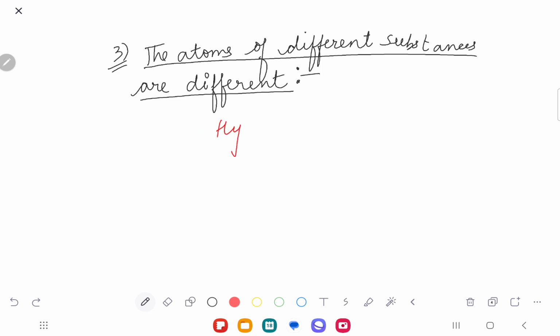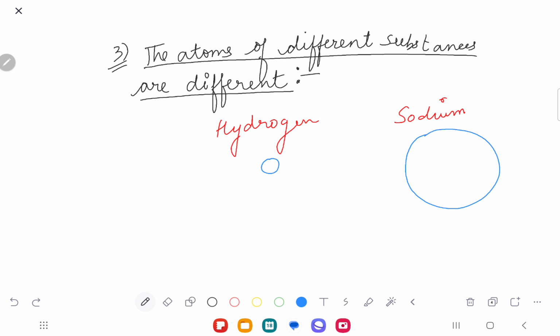Exactly. Let's suppose we are talking about hydrogen, all the hydrogen in the universe, and all the sodium in the universe. Wherever you find the atom of hydrogen, hydrogen's atom is small, sodium's atom is bigger. That means that if the mass of a hydrogen atom is 1 U, the mass of a sodium atom is 23 U. The radius of a hydrogen atom would be less, and the radius of a sodium atom should be more.